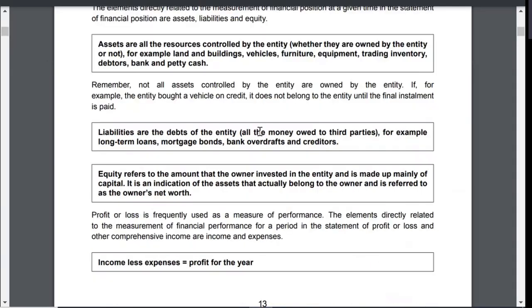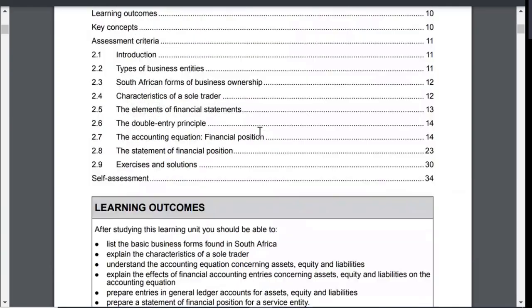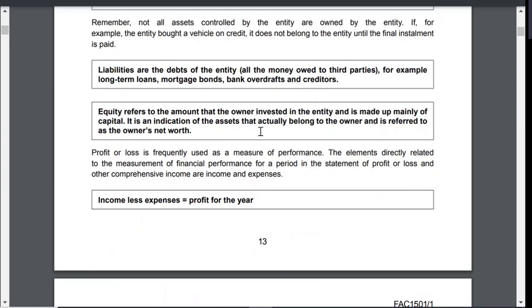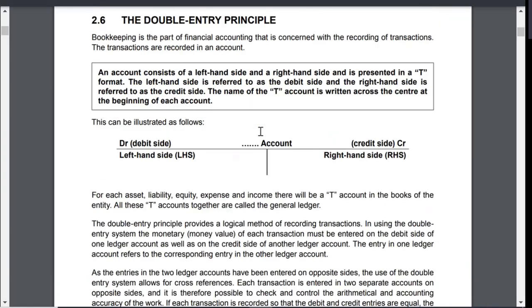If you wanted to do shortcuts, but especially when you're doing accounting transactions, you can't do shortcuts. You need to follow the process: source documents, subsidiary journal, general ledger, trial balance, financial statements.